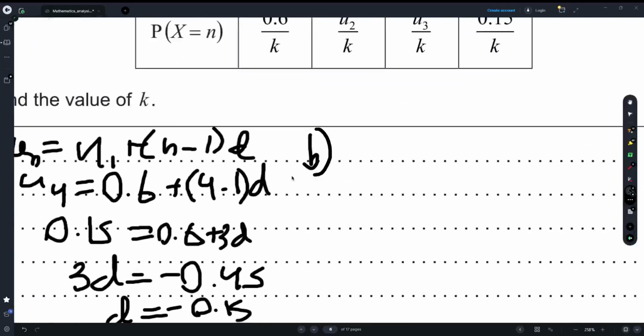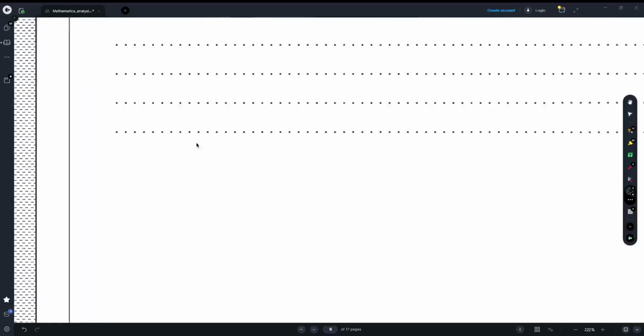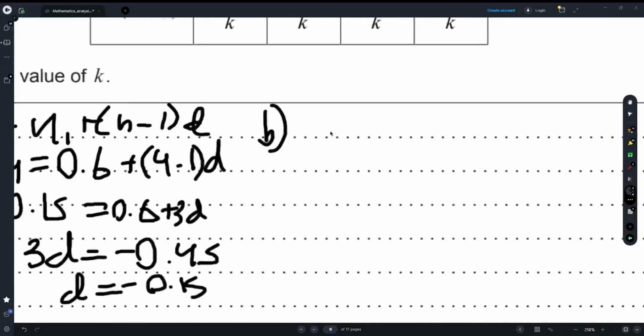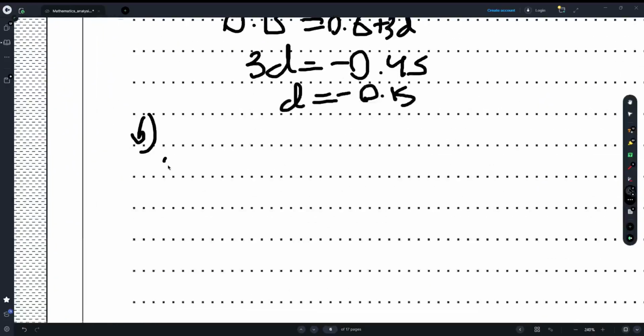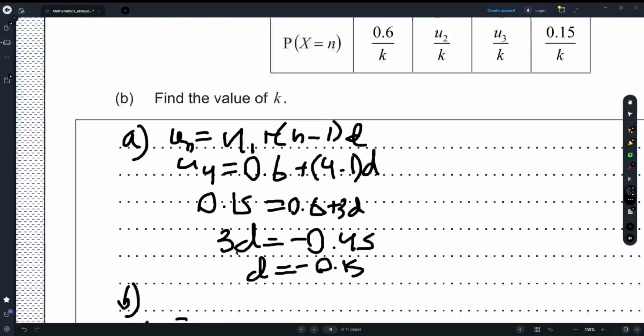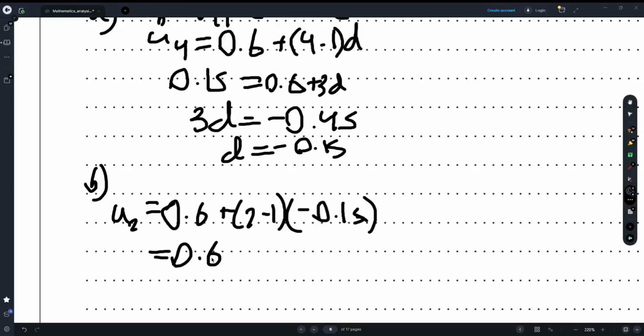To start, we first need to figure out u2 and u3, so let me do this here. u2 equals 0.6 plus 2 minus 1 times minus 0.15, which is equal to 0.6 minus 0.15 equals 0.45.